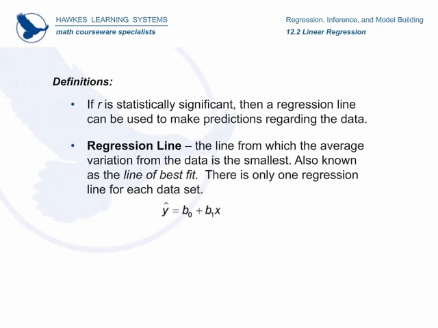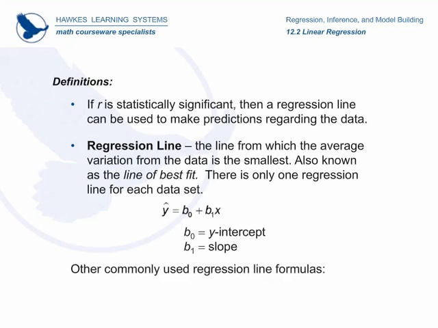Here we have y hat, which means it's a predicted value, equals b sub 0 plus b sub 1 x. Now b sub 0 is our y-intercept, and b sub 1 is our slope. And so you can see that we're using linear algebra.